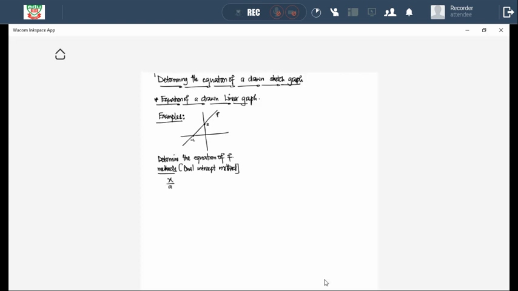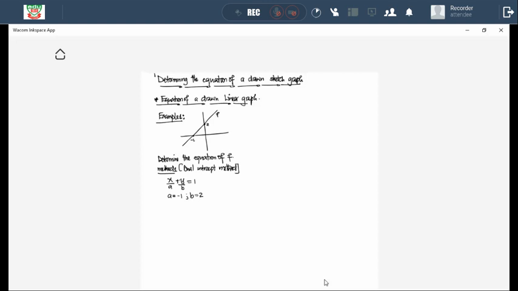x over a plus y over b is equal to 1, where a is the x coordinate at the x-intercept, and b is the y coordinate at the y-intercept. So in this case, you can see that a is equal to -1 and b is equal to 2.